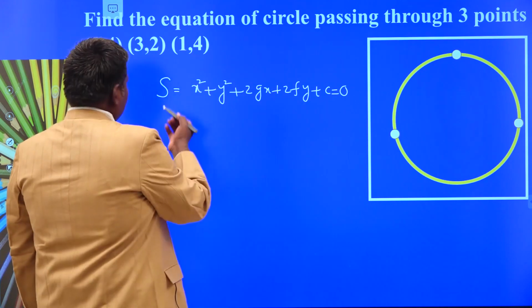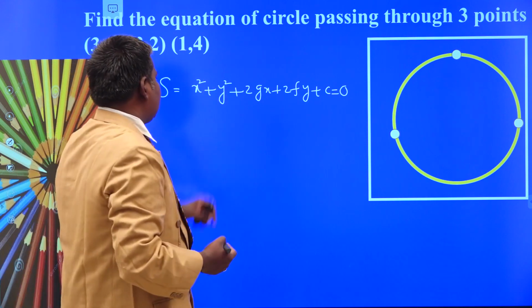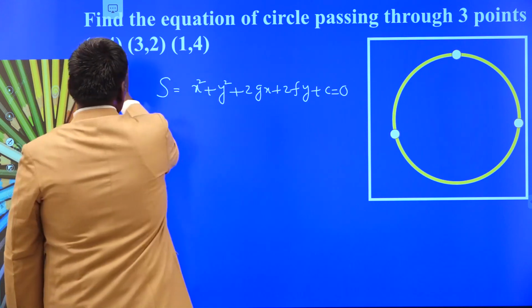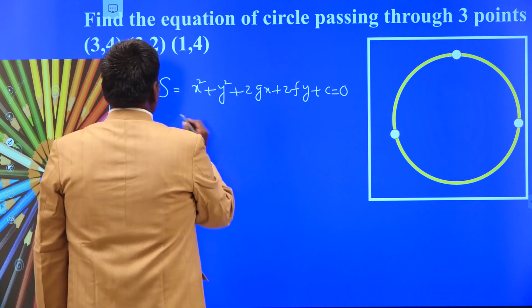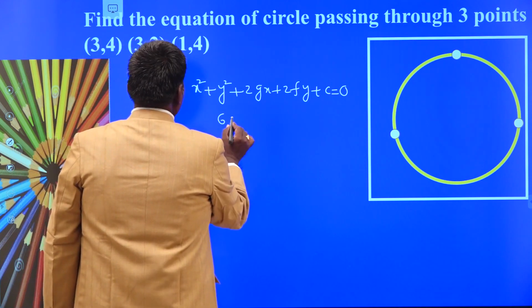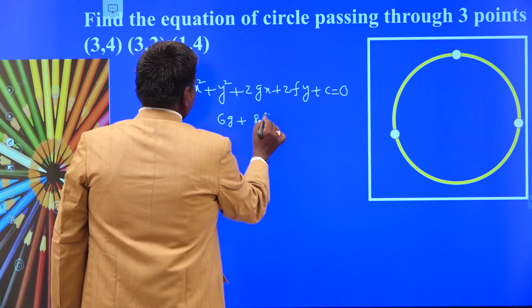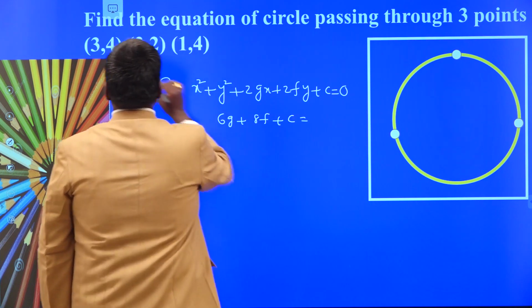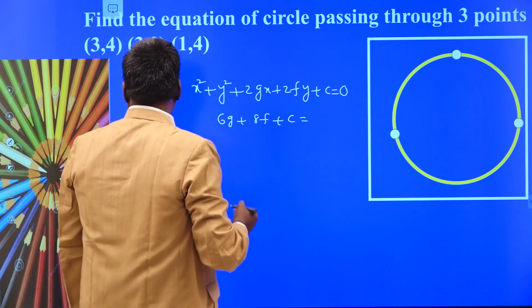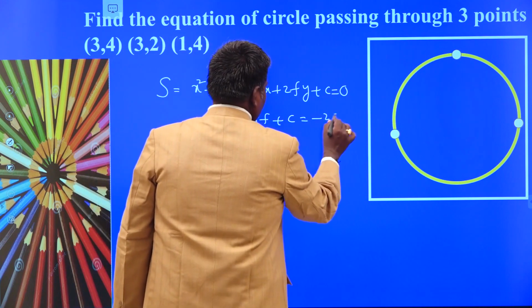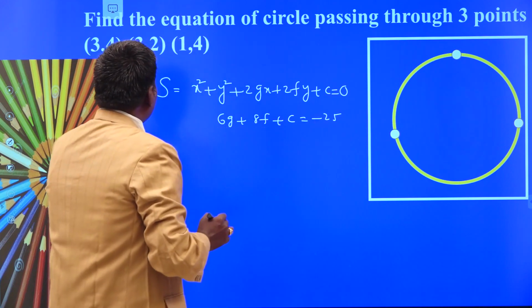So I am going to substitute the 3 points in S equals 0. When you substitute (3, 4), what do we get? 6g plus 8f plus c is equal to 9 plus 16, that is 25. It is coming to the right side, that is minus 25. Am I correct or not?